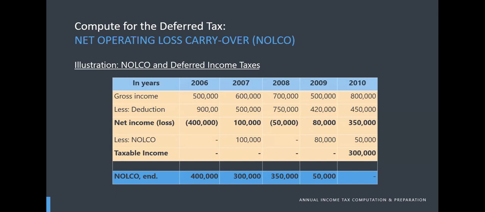The company may use its NOLCO balance to offset the net income and arrive at a zero taxable amount, since the company has enough NOLCO credits to deduct to the net income.